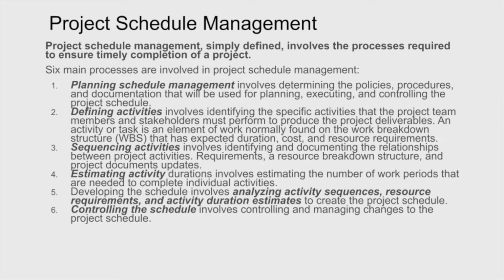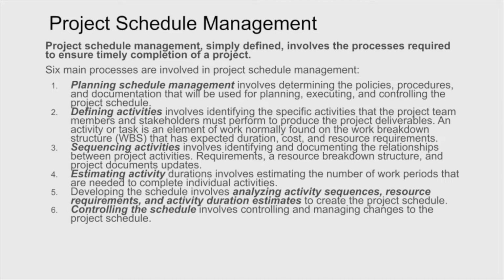Third, sequencing activities involves identifying and documenting the relationships between project activities. So we need to think about what comes first, what comes second, what comes third. Requirements and resource breakdown structure and project document updates are all part and parcel of sequencing activities. Fourth, we look at estimating activity durations, and that involves estimating the total number of work periods, days, months, years, that are needed to complete individual tasks within the project.